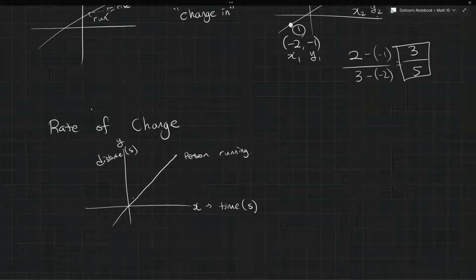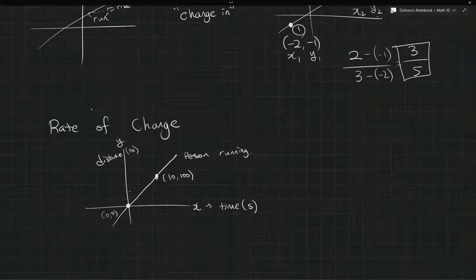Okay, so can you tell that this person was at 0 meters at 0 seconds? And then after like 10 seconds, probably the person traveled maybe like 100 meters. Okay, it's a racer. Right? So it was 0 and 0 here. And over here, it was 10 seconds and 100 meters.